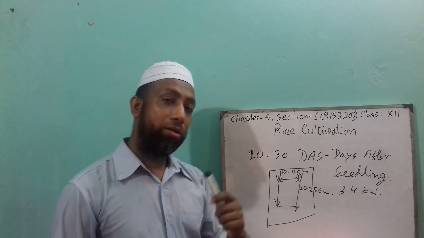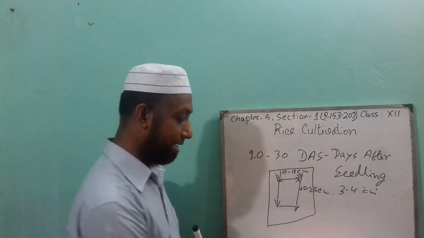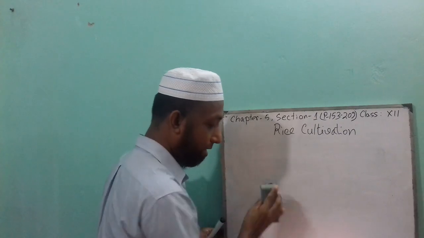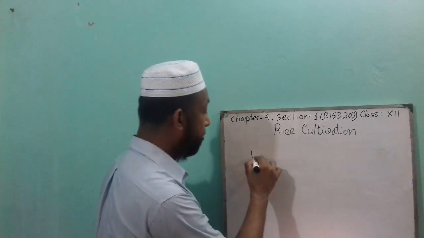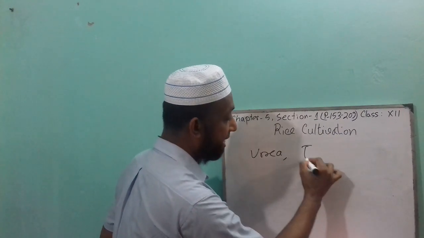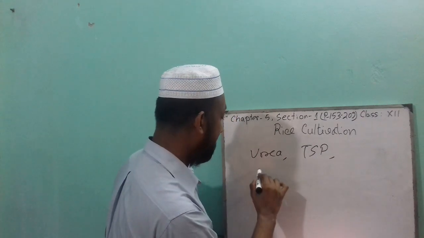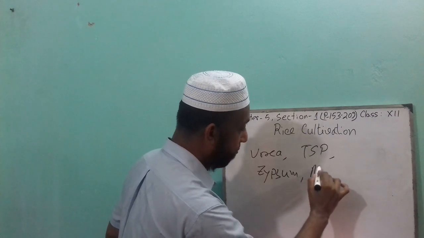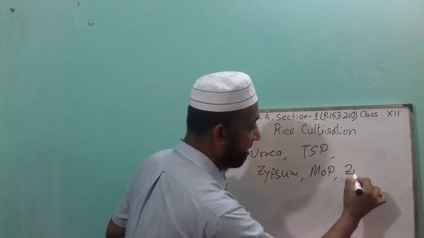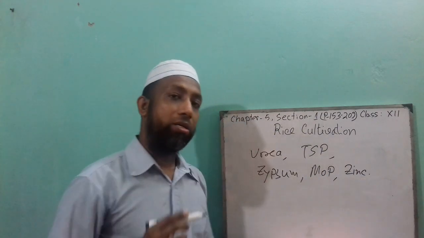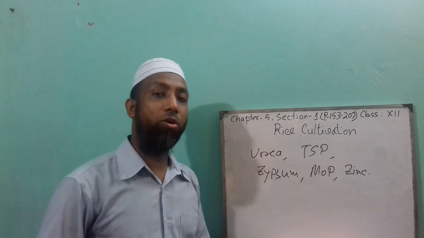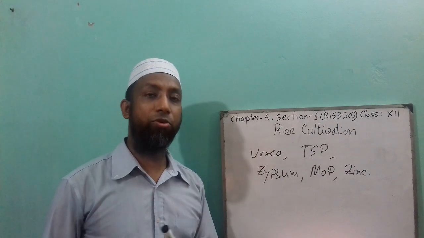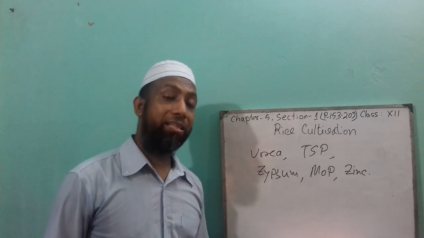And now the fertilizer system. If we talk about the fertilizer in the field, we provide urea, TSP, gypsum, MOP, zinc. Scientists always say that before you apply fertilizer, you have to check the soil properly.